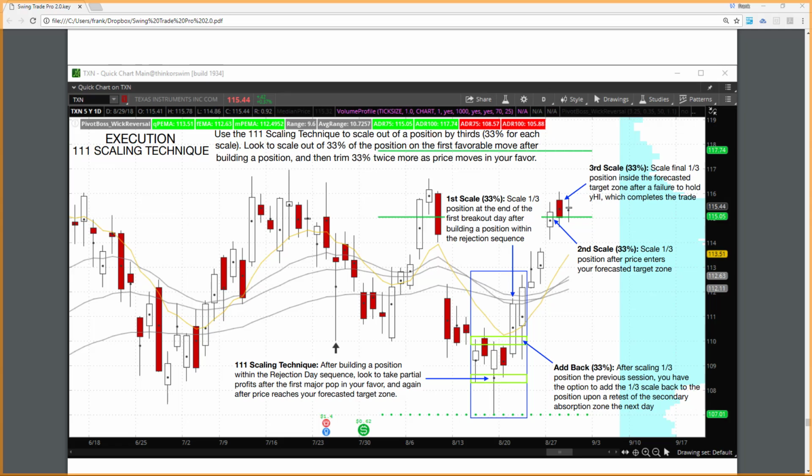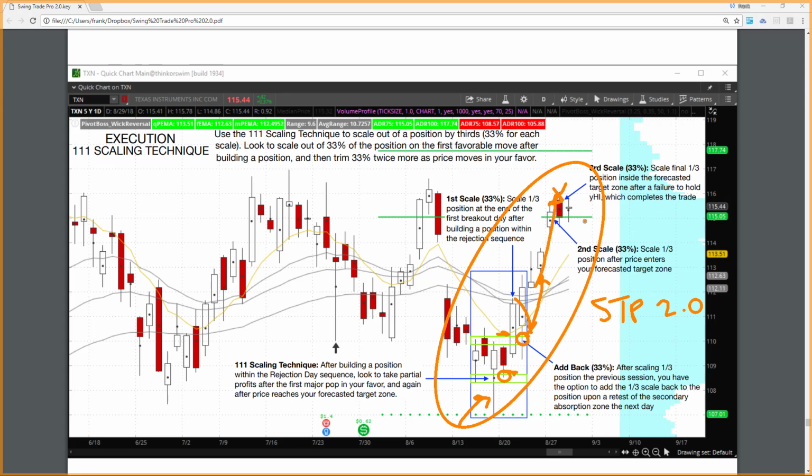So again, this is the epitome of a Swing Trade Pro 2.0 swing trade. A great rejection day signature, a great rejection day trade sequence with an absorption day, a stop run day. You had your fade after stop run, you had your retest after stop run, and you had your continuation right into the target.